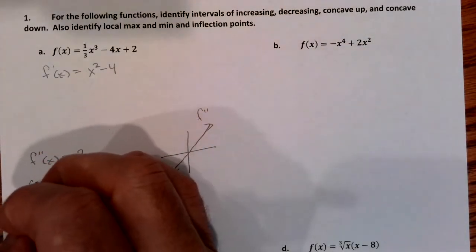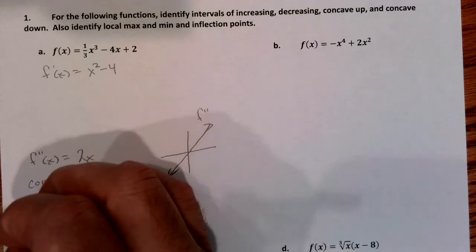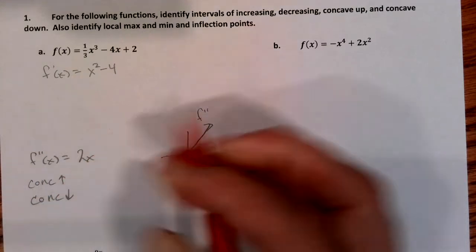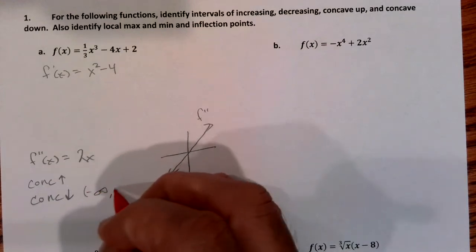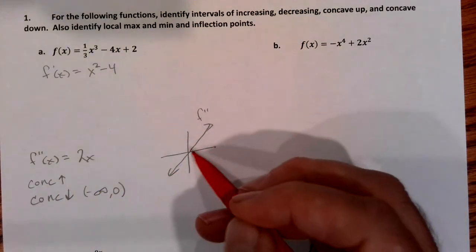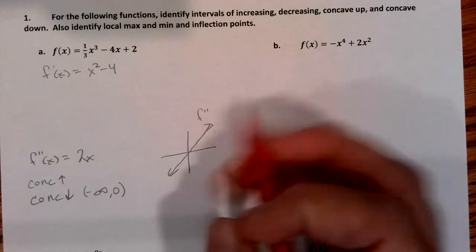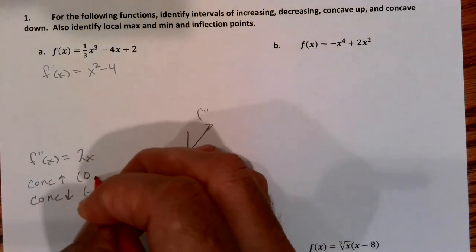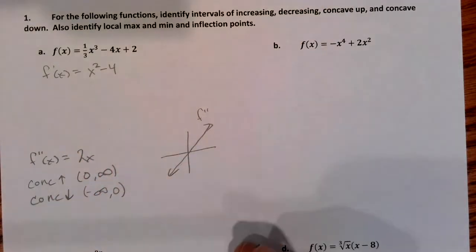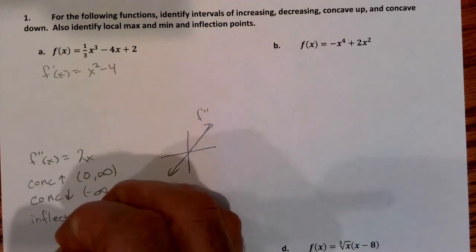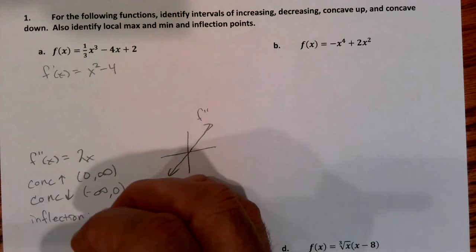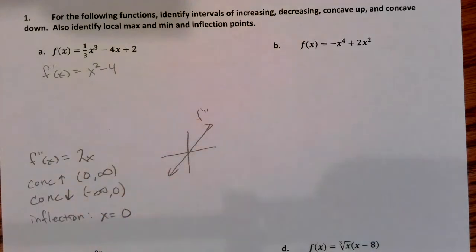So that means it's concave up and concave down. It's concave down from negative infinity to 0. That's an interval. It's going to be concave up from 0 to infinity. And then we have our inflection point, and that is occurring at x equal to 0.